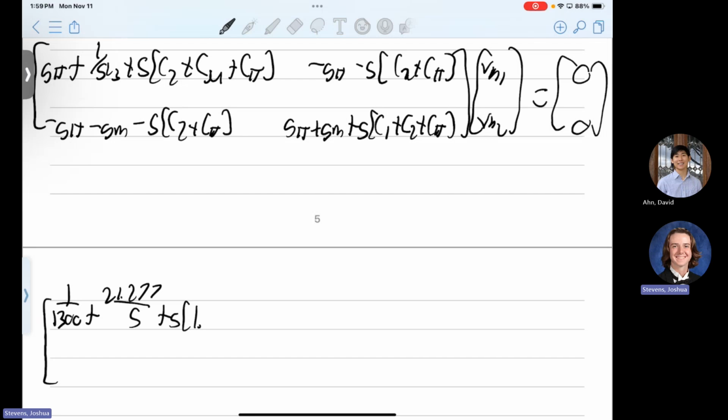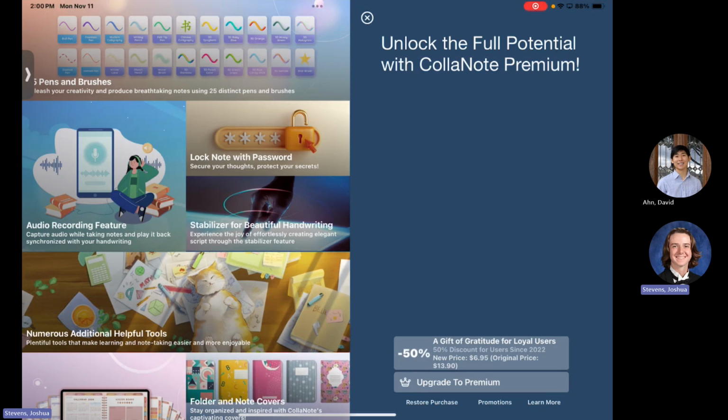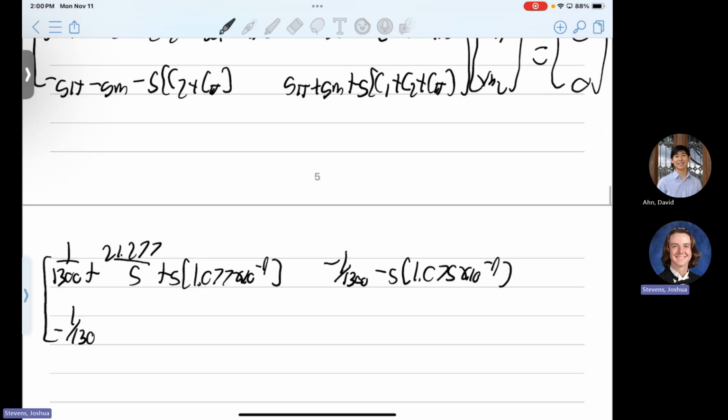S times 1.077 times 10 to the negative 9th minus 1 over, no. Whole new thing: 1 over 1300 minus S. Okay, cool. That becomes 1.075 times 10 to the negative 9th. This then becomes negative 1 over 1300 plus... not plus, sorry.